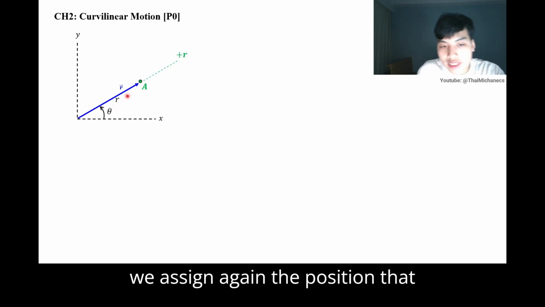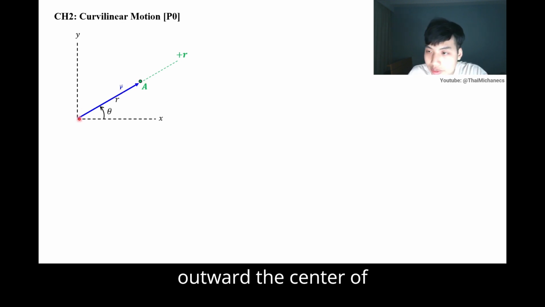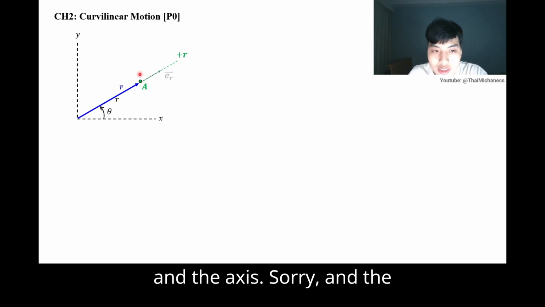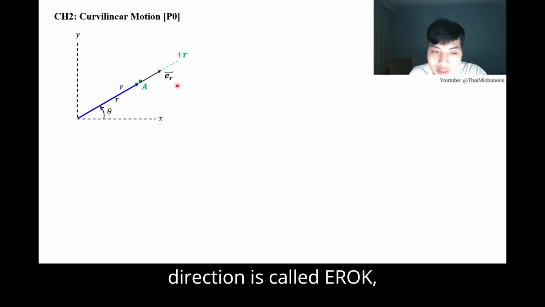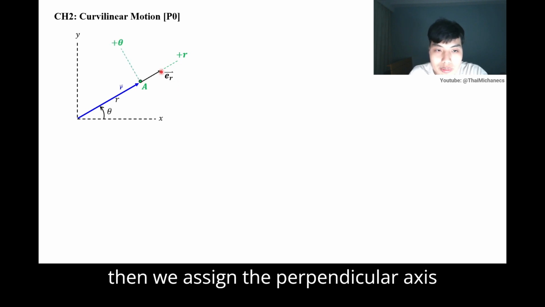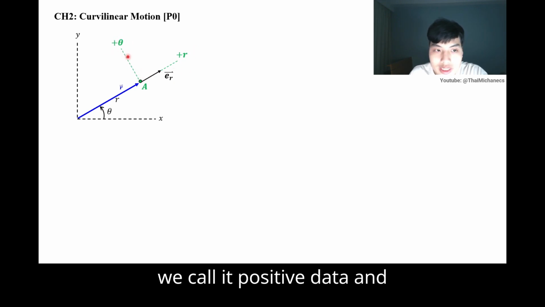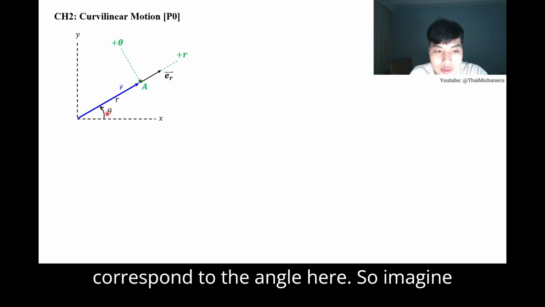Then we assign the position pointing outward from the center as positive r, and the unit vector corresponding to that direction is called e_r. Then we assign the axis perpendicular to positive r, and we call it positive theta. The direction of positive theta corresponds to the angle here.